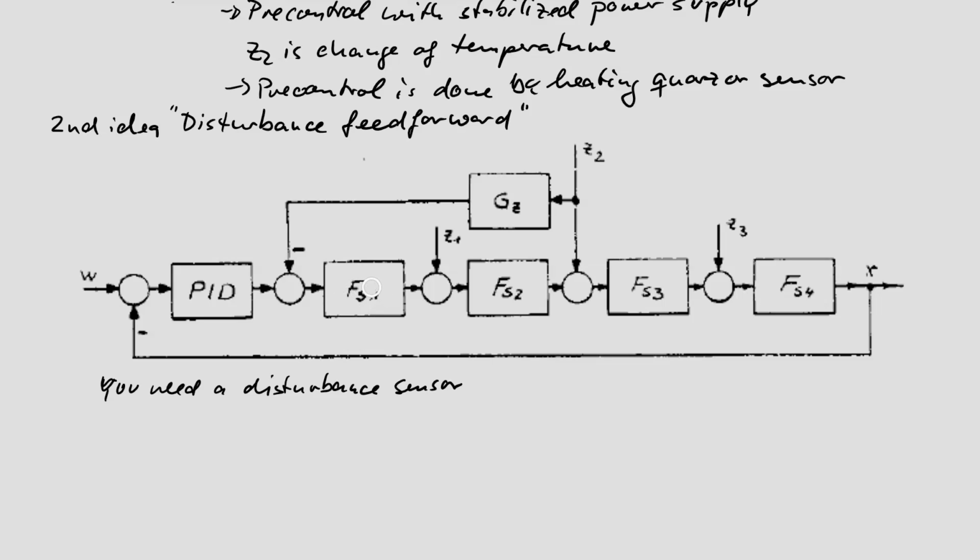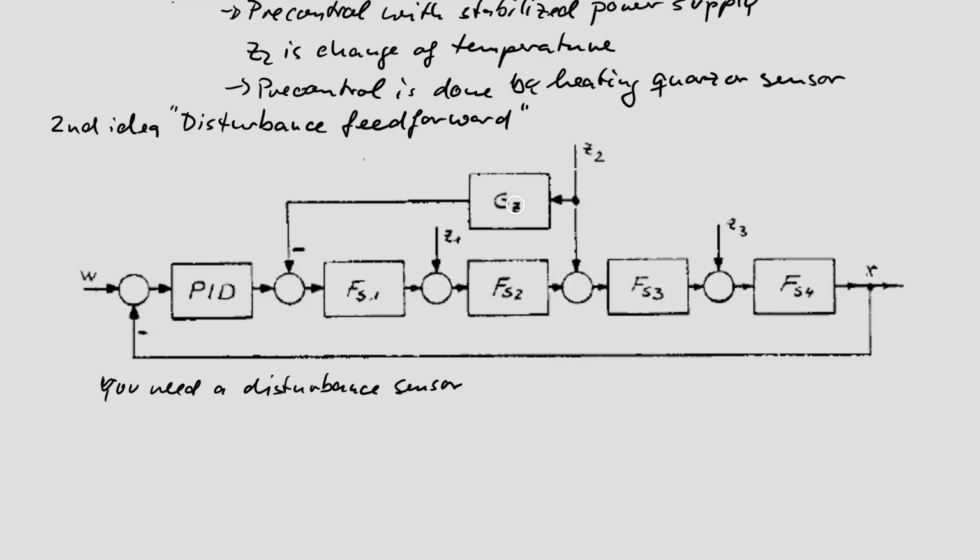The question is, what is the best compensation filter and why could this be faster in the reaction? The idea is, if there is a disturbance step, at once this signal can go into this disturbance filter, which is your design. So the response here could be very fast. A compensation signal is added with a negative sign to compensate. And this compensation signal then has only to run through FS1 and FS2 to compensate Z2 here.